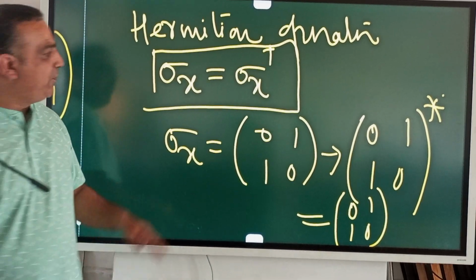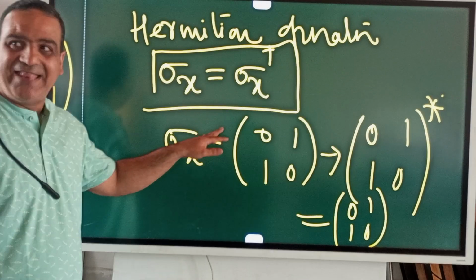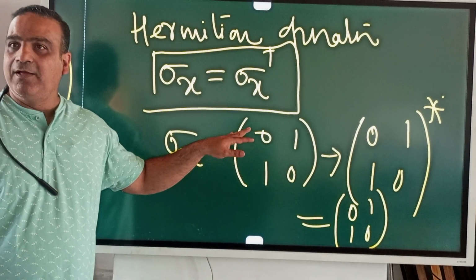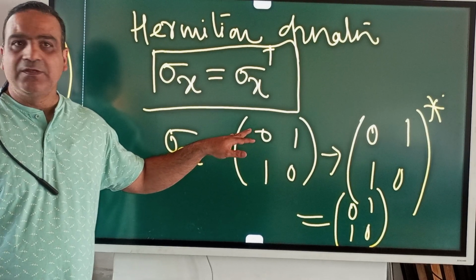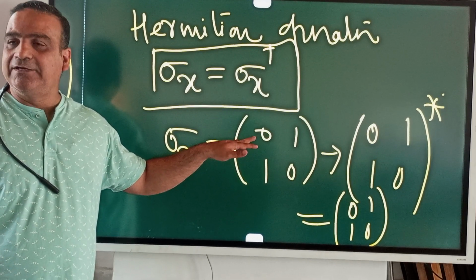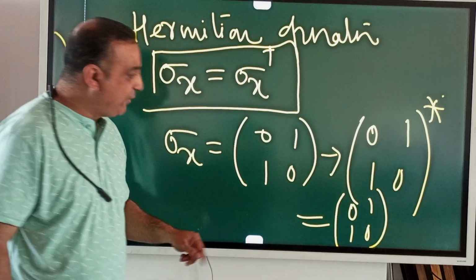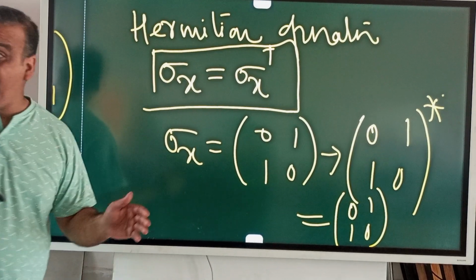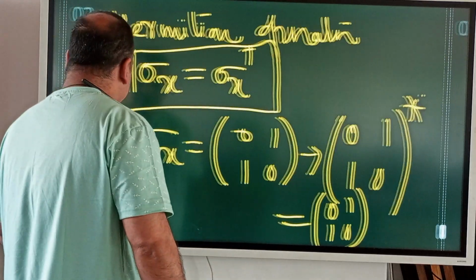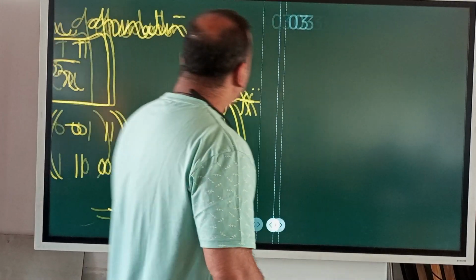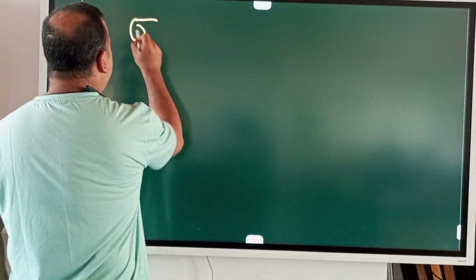So you have checked that the adjoint of the Pauli spin matrix sigma x is equal to the same matrix. And we can test this for sigma y, and the same thing for sigma z. For sigma y, what is sigma y?